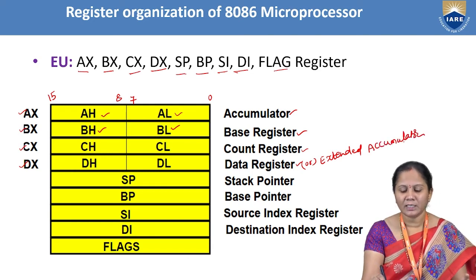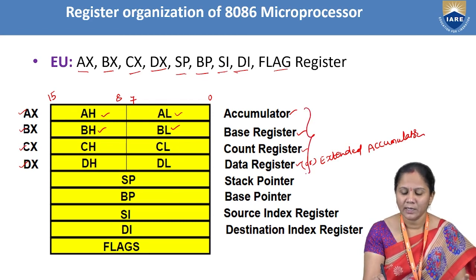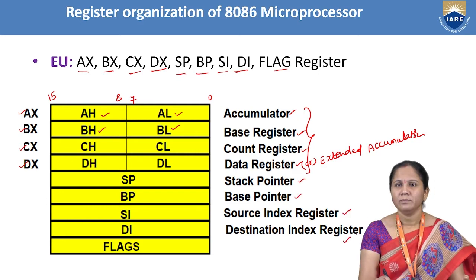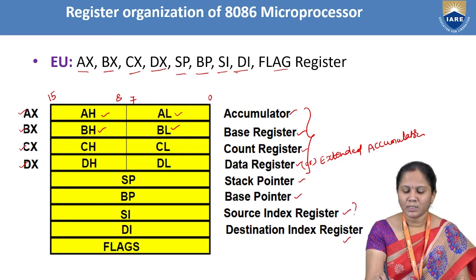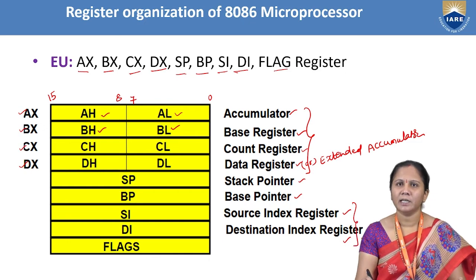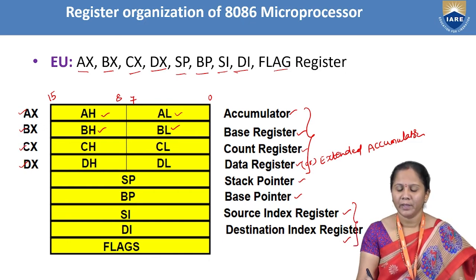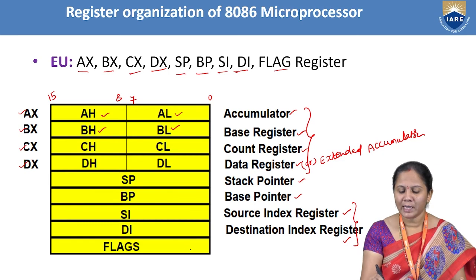Similarly, this CX and DX, counter register and data register. So this data register is also called as extended accumulator. So these are the 4 general purpose registers, general data registers we can call. And here we have the stack pointer and base pointer. So these 2 registers are 16-bit registers.